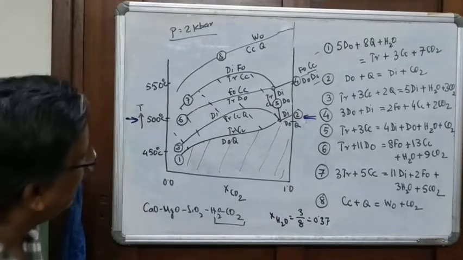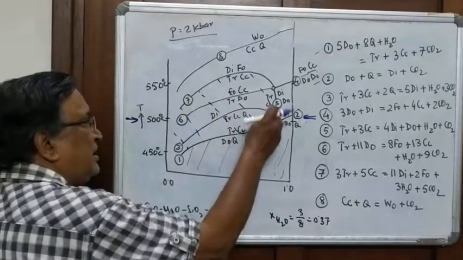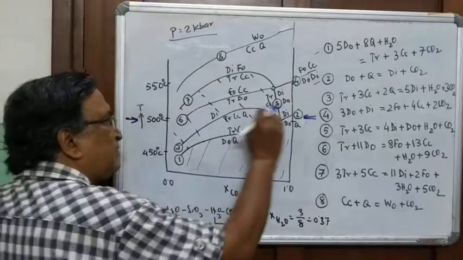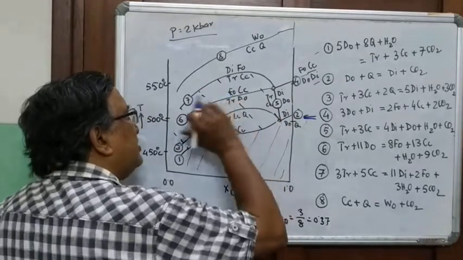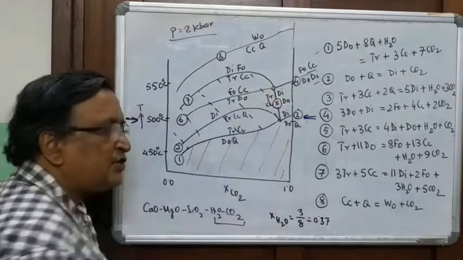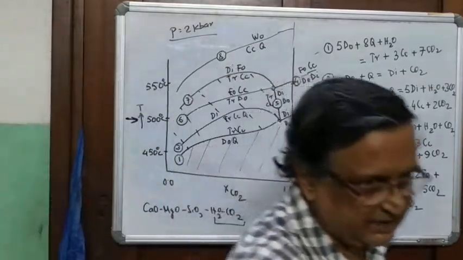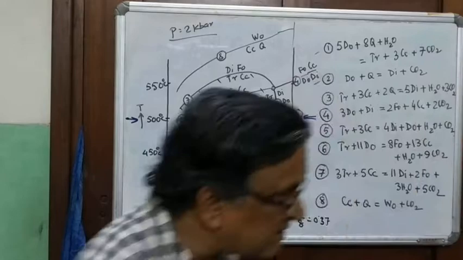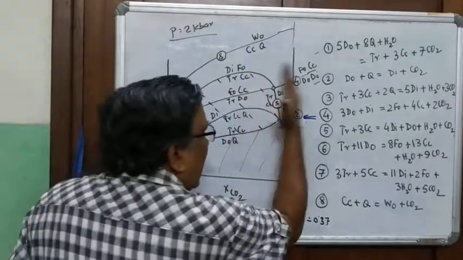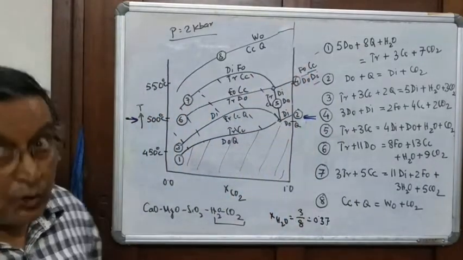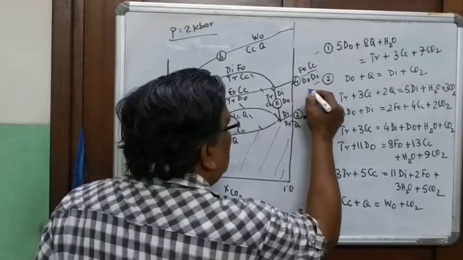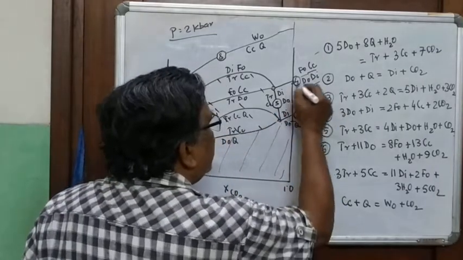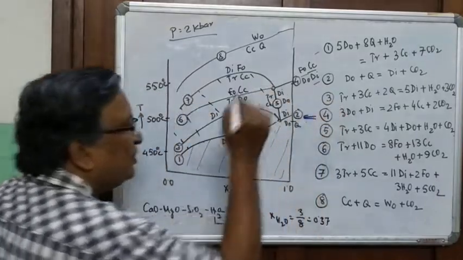So the greenschist to amphibolite facies transition is marked by the appearance of tremolite bearing assemblages. But at the high CO2 end, you don't get tremolite. Instead, you get dolomite diopside bearing assemblages.